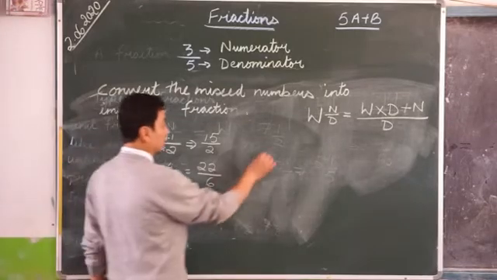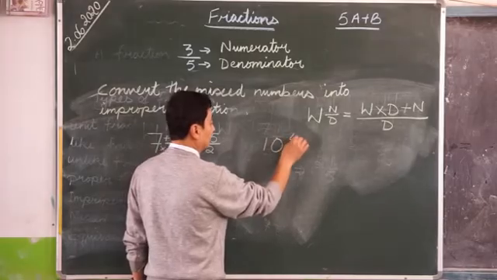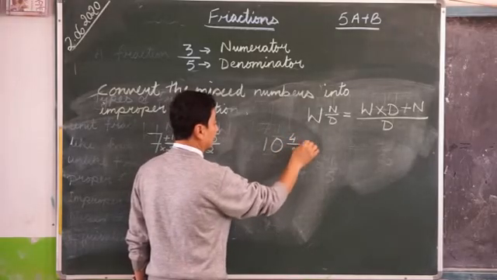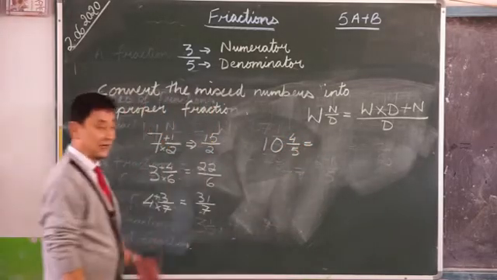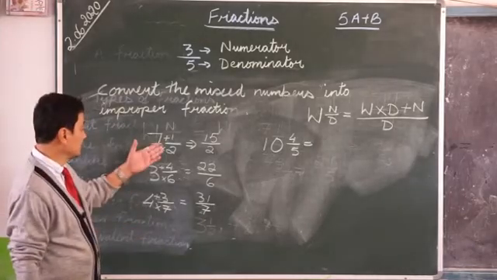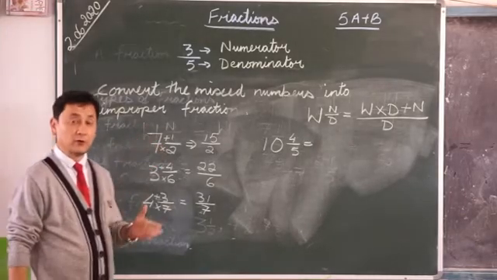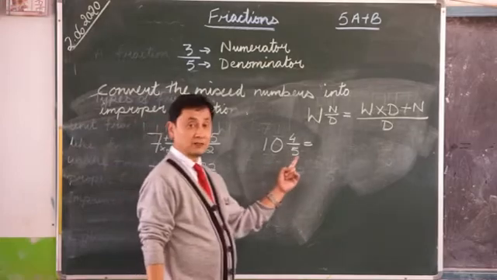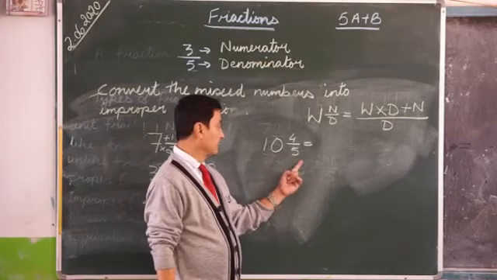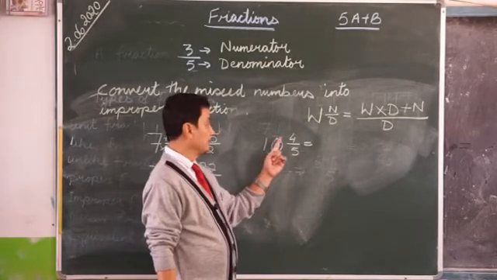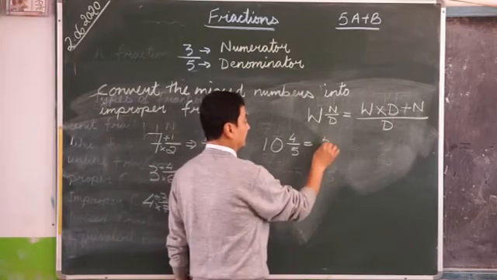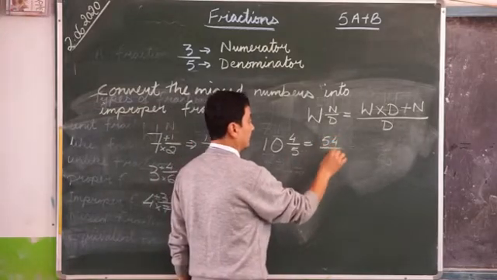Let's try one more. 10, 4 upon 5. So now, for the first 3 sums, you can write the signs. Then you will know what to do. Just multiply. I'm not going to put any sign now. 5 10s are 50 plus 4, 54 upon 5.